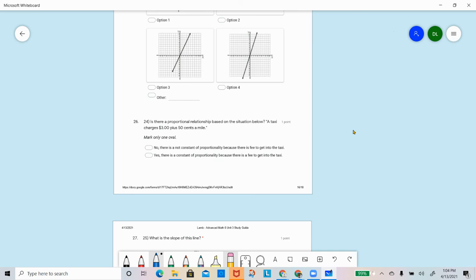Because if you don't go any miles, if you just get into the cab, it's going to cost you $3. So that means it's going to start at (0, 3). If it just cost 50 cents a mile, it would be proportional. But because they charge you to get in the cab, you are not at (0, 0). Therefore, can't be proportional.